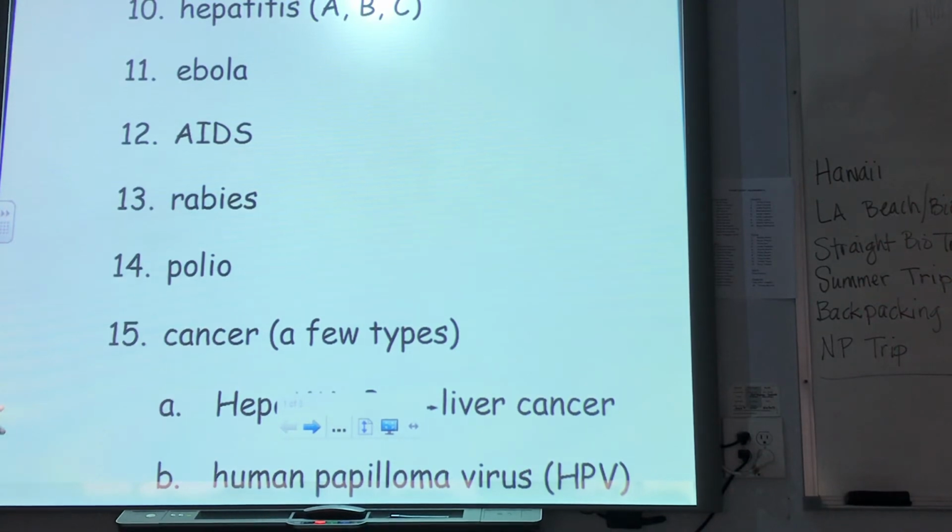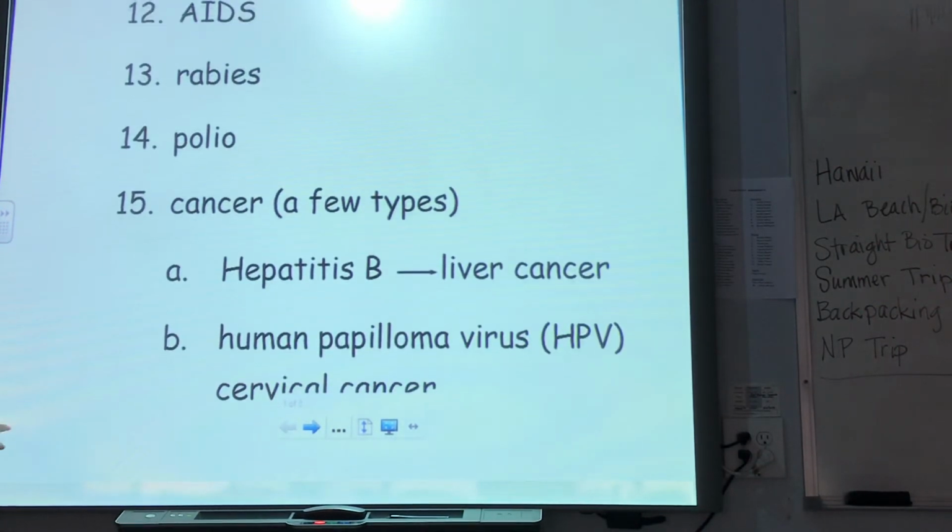AIDS, which is acquired immune deficiency syndrome, is a sexually transmitted disease, also transmitted by needles in people who do drugs and don't get clean needles, they share needles. So through blood and seminal fluid and vaginal fluid, AIDS is transmitted.